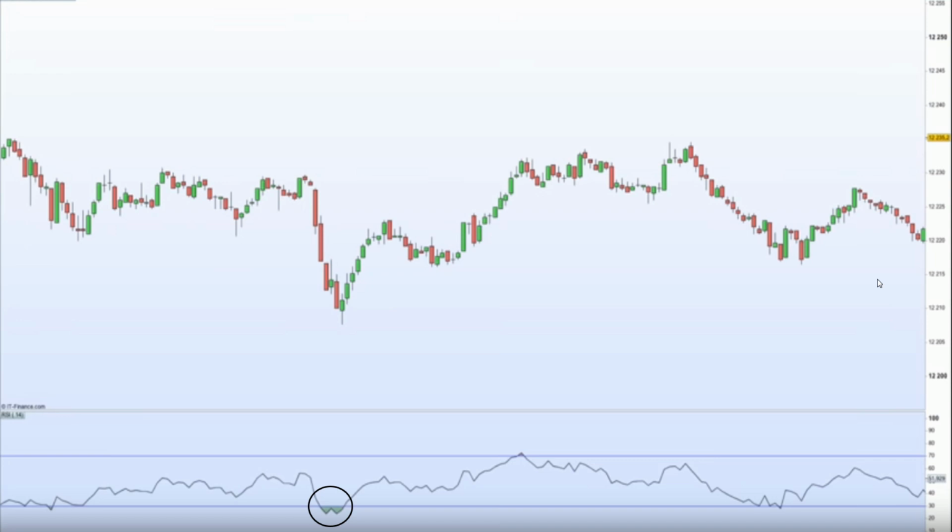Like I explained before, it could be the end of a downtrend. We were in a downtrend, then we entered an overselling zone.